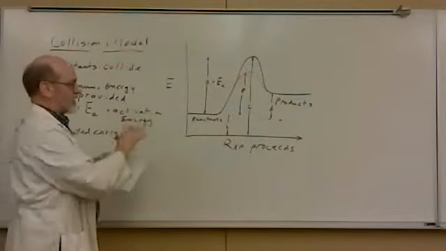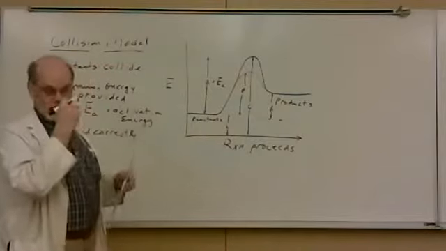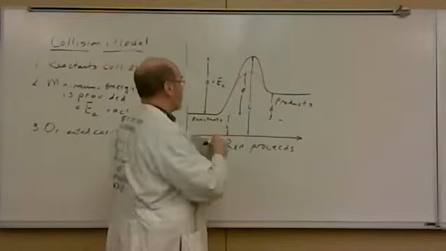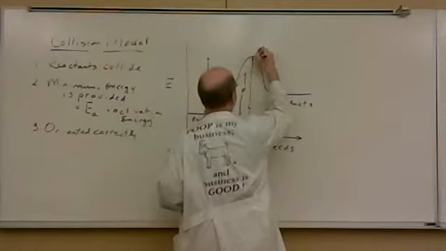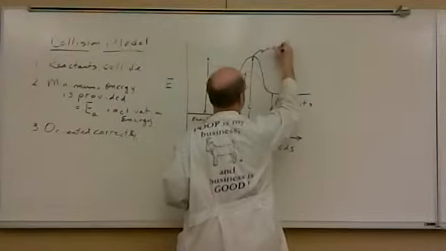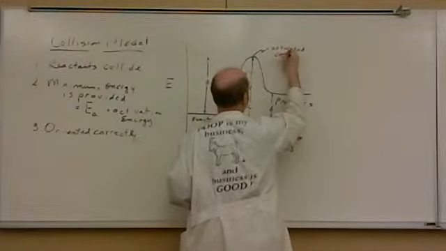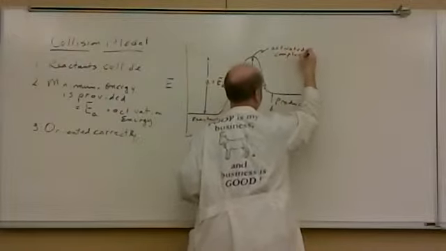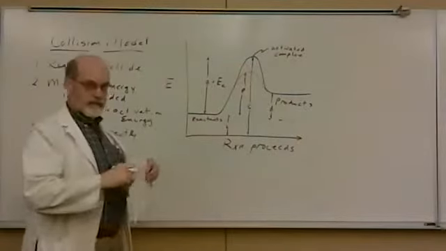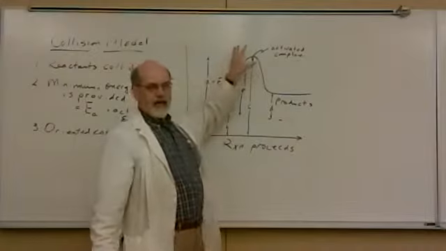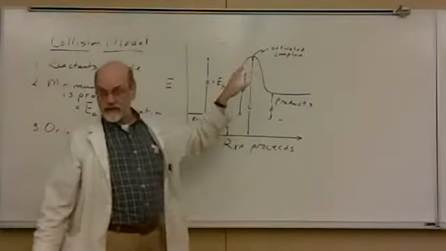Now I'm going to add some things here that are not part of this question because we're trying to bring you up to speed. But this position here is often referred to as the activated complex. It is a combination of reactants with their added energy, and it's very unstable.